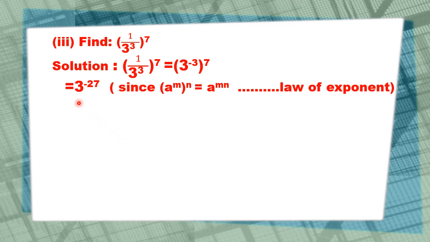That is equal to 3 raised to minus 3 into 7. So minus 3 into 7 is 21. Therefore, the result is 3 raised to minus 21. How did we get it? We used the law (a^m)^n is equal to a^(mn).